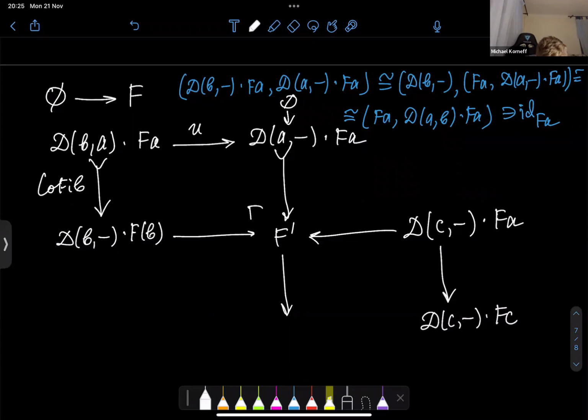And this arrow corresponds to the following composition. We have an arrow here, and we can compose these arrows.